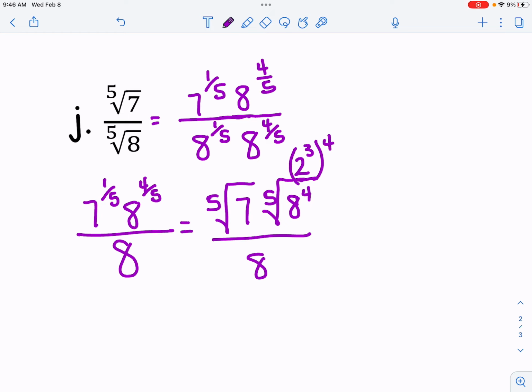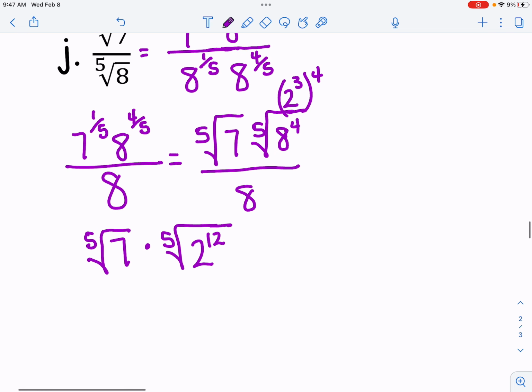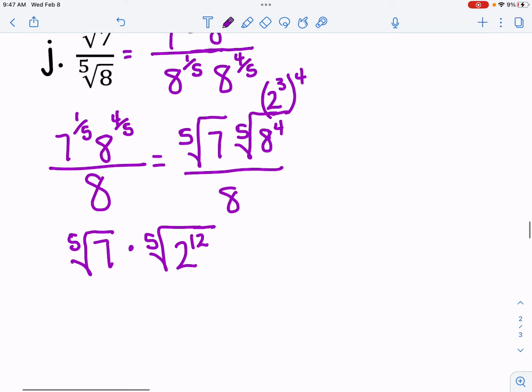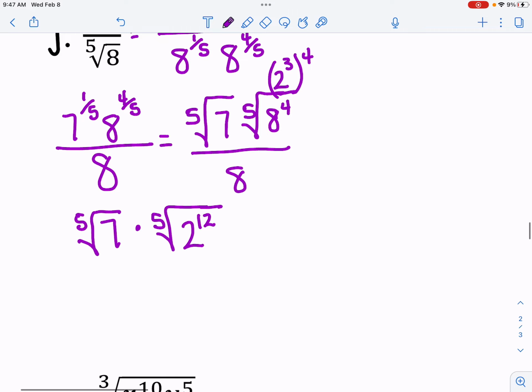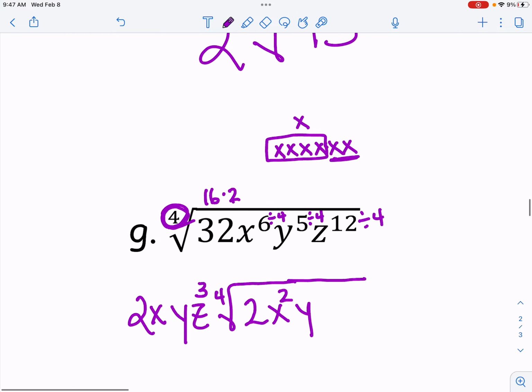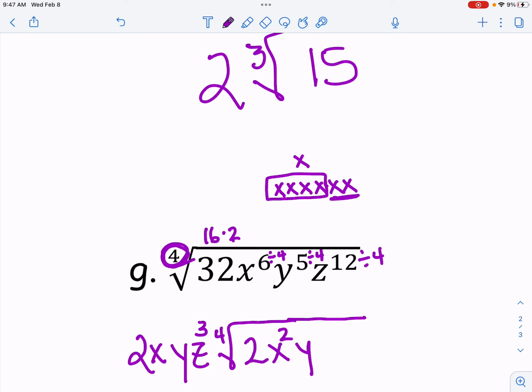So the 5th root of 7 is going to stay there for a minute. This now becomes the 5th root of 2 to the 12th. The reason we're doing that is because I would have to raise 8 to the 4th power, then take the 5th root of it. Well, we're going to follow those rules that we did a while ago when we divided up here, for our exponents.